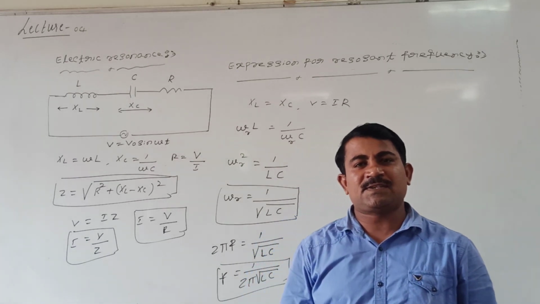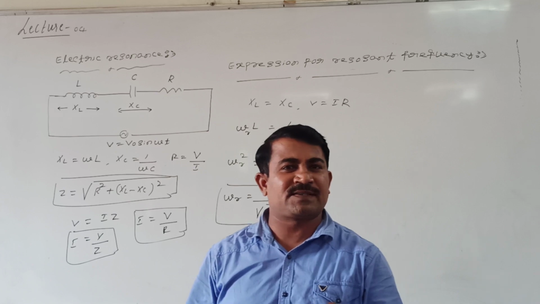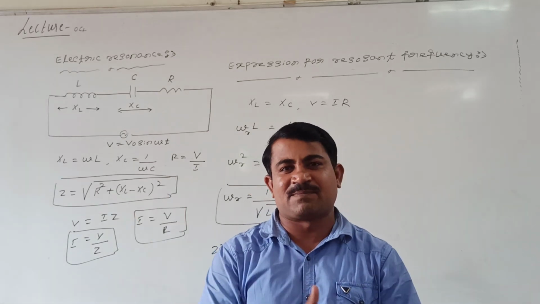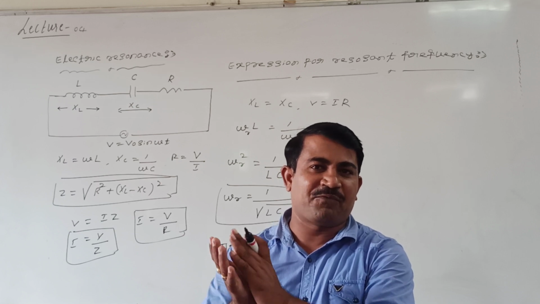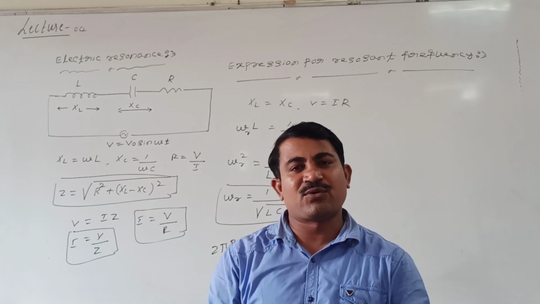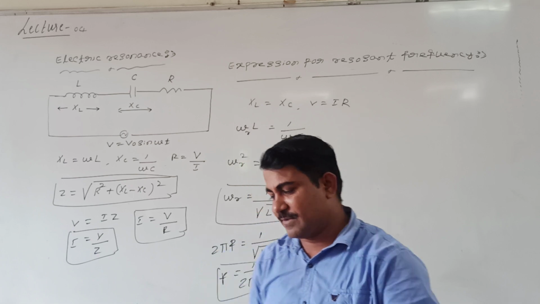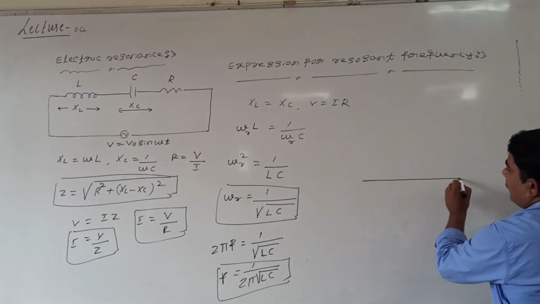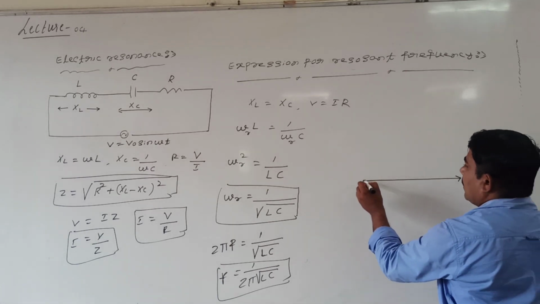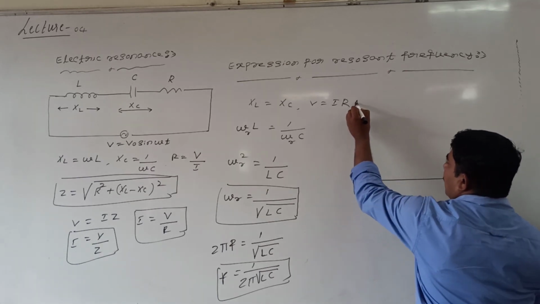But your point is, at a particular frequency, current in the LCR circuit is maximum. Experimentally, if we plot the graph of frequency versus current, how does the graph come? See here. Along the x-axis, I will take frequency. Along the y-axis, we will take current.